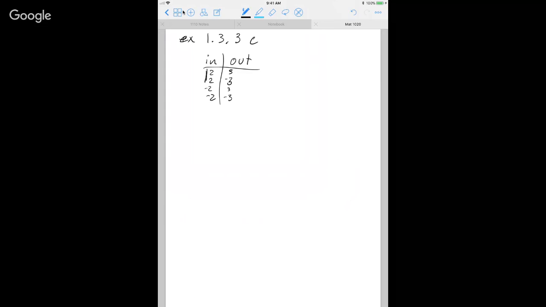And if we plot this, you can see right away that this is bad in terms of the vertical line test. I will draw a straight line one day. Make this one a little bit bigger. Put that up here. So here's 3, here's -3, here's -2, and here's 2.